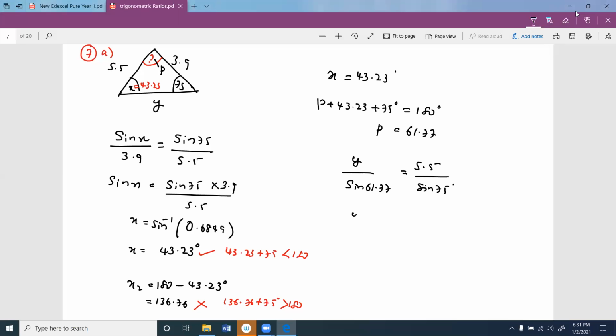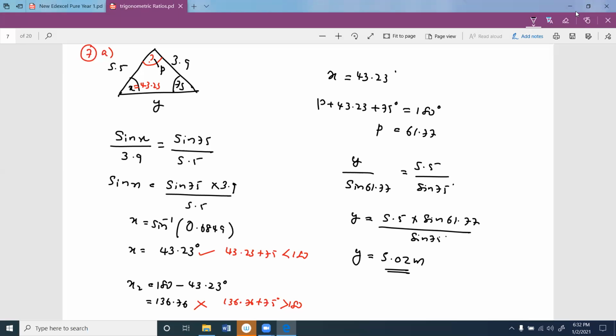So y equals 5.5 times sine 61.77 divided by sine 75. So with that you obtain the answer 5.02 for y.